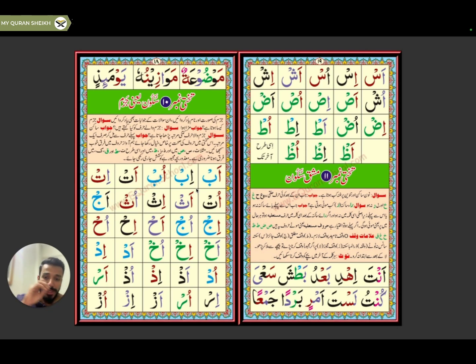Whatever we learned when we learned the tanween sound, which was like the in sound, or the noon sound, when we were denoting them with a double fatha, double kasra, or a double dhamma, that sound was similar to a noon sound. So similarly, when we have a sukoon on noon, which has exactly the same sound as a tanween, we'll be applying all of the tanween rules, which are ikhfa, izhar, iqlab, and idgham, on those places as well.